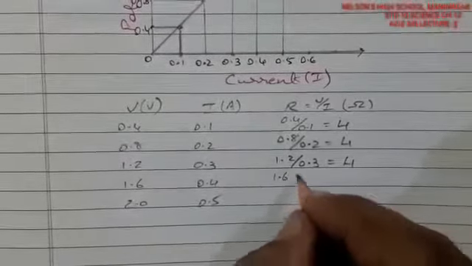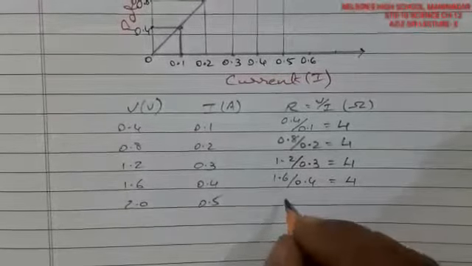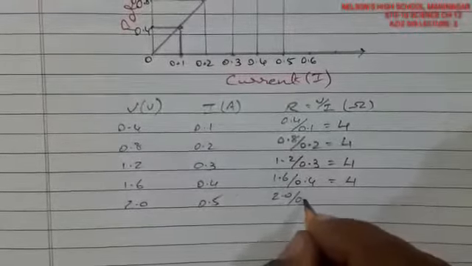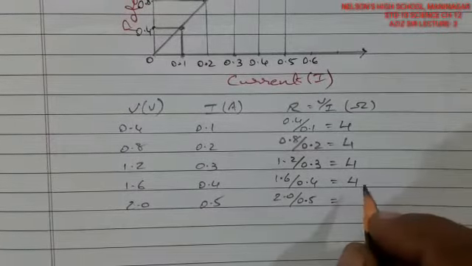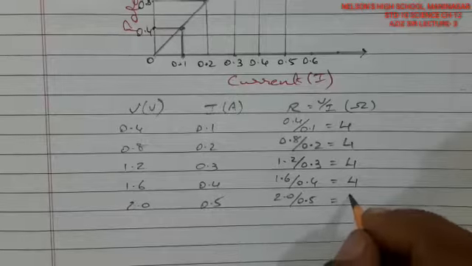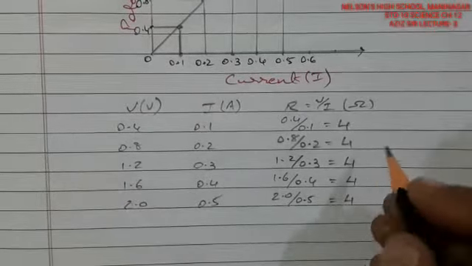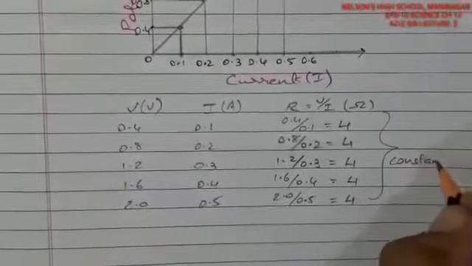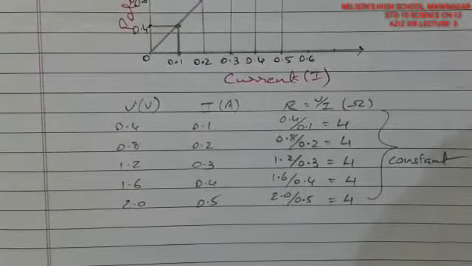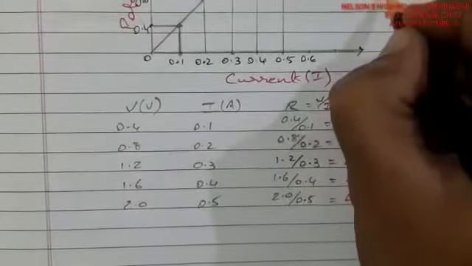This is 1.6 divided by 0.4, again the answer is 4. And this is 2.0 divided by 0.5, again the answer is 4. Fine. So this is how the resistance, you may see, remains constant for the same temperature.